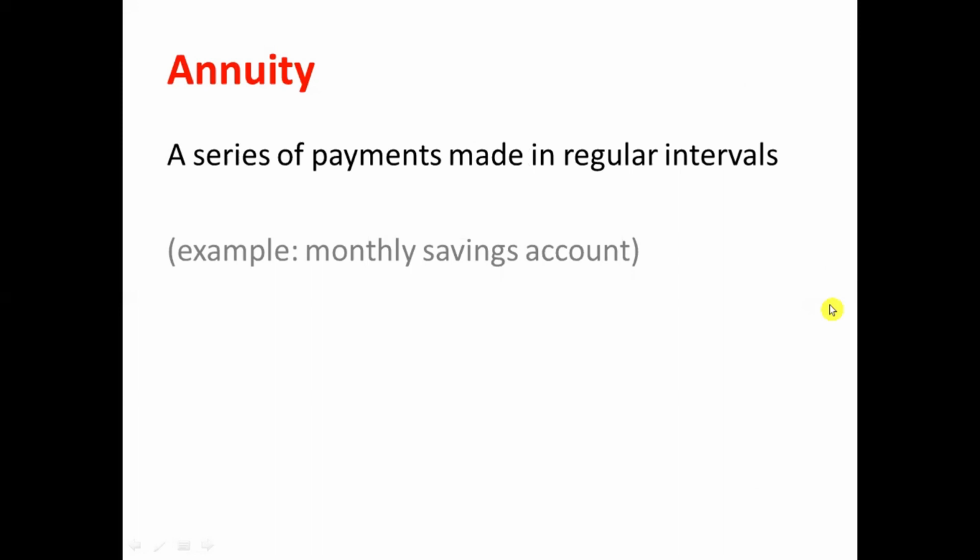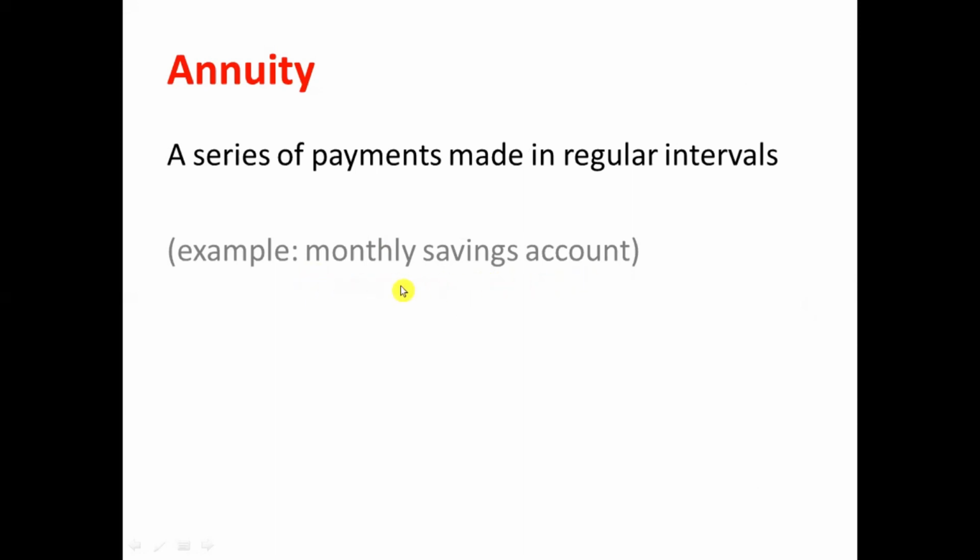So, firstly, what are annuities? An annuity is a series of payments made in regular intervals. An example to illustrate is a monthly savings account.